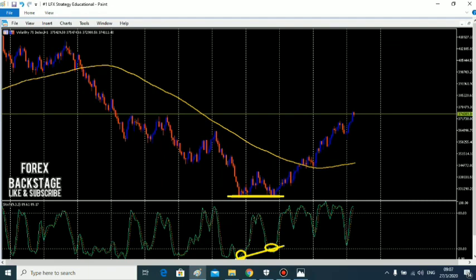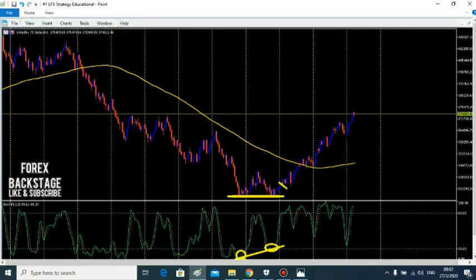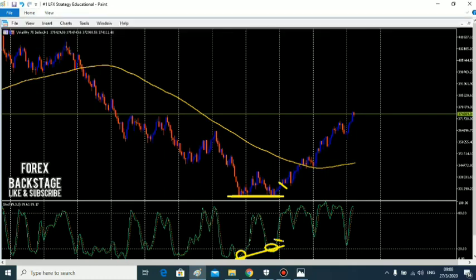So what do we do? We enter at this point. If we are looking at aggressive trading, we'll be buying at this point. But if we're looking for risk-free trading, otherwise we can enter here or here. Why here? Our strategy involves the 100 SMA, simple moving average.